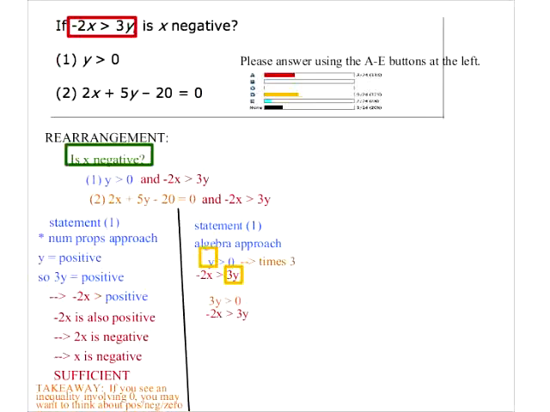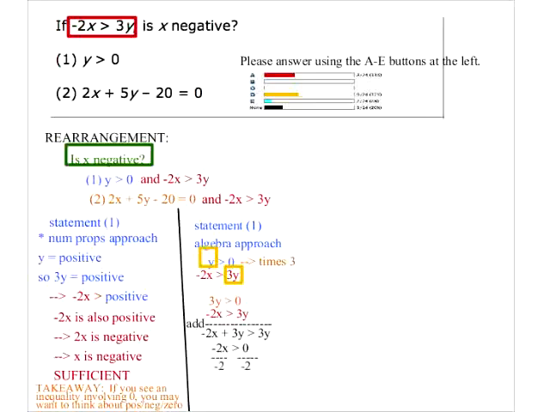And if we add these, we get negative 2x plus 3y is greater than 3y, which means that negative 2x is greater than 0. So if you divide by negative 2, remember whoever asked last time, if you divide by a negative, that means that you have to flip that alligator around.